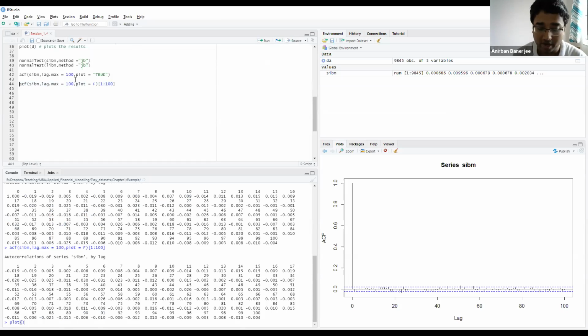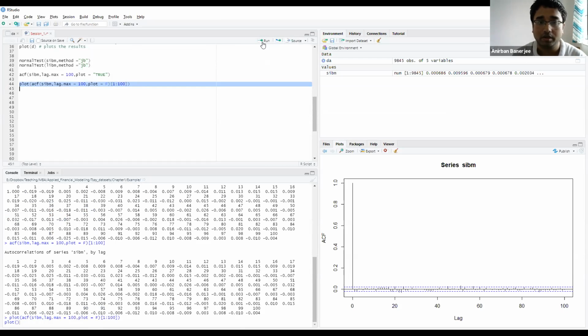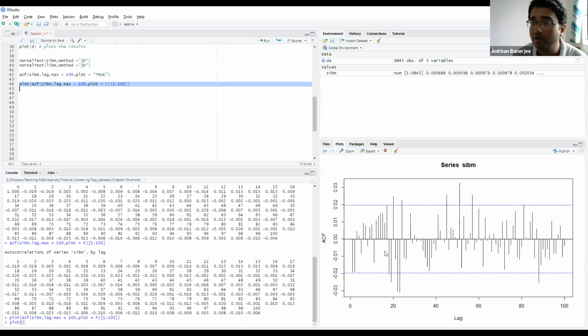Now I am putting in the plot function and I'm plotting this value. Now what will happen? It will show the curve dropping the lag 0. So it suppresses the lag 0 ACF, which is 1, and it shows 1 to 100.